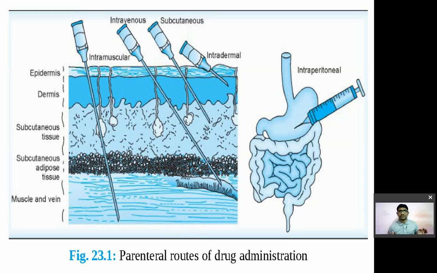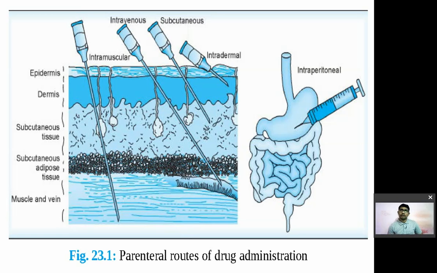But if you are injecting something inside the body, bypassing your primary defense system, for example skin. Skin is known as the primary defense system of your body, because what is the role of skin? To protect the internal organs or deep tissues.